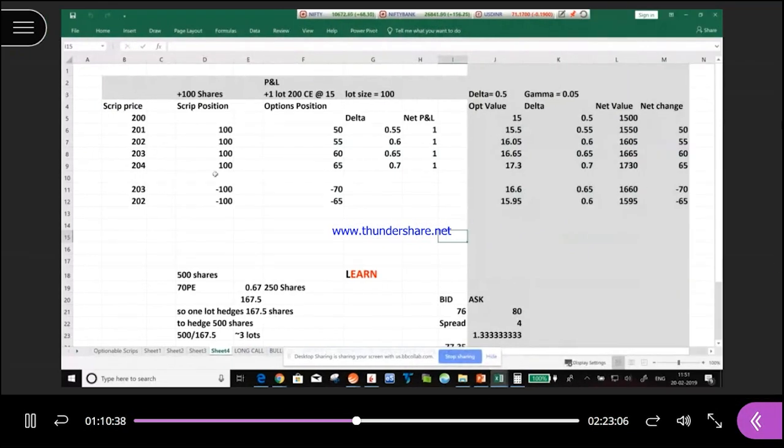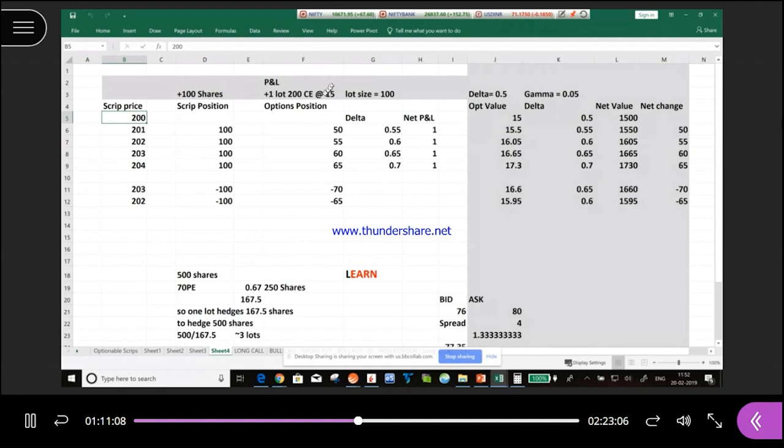Okay, all of you now pay attention and no questions till I finish this. Now what I am going to compare is two things. One is a stock position versus an options position. The stock price is 200 rupees, the stock is trading at 200 rupees, and I bought 100 shares.